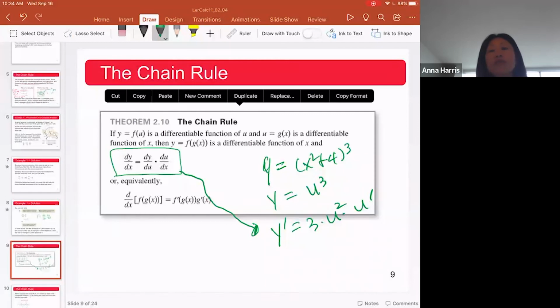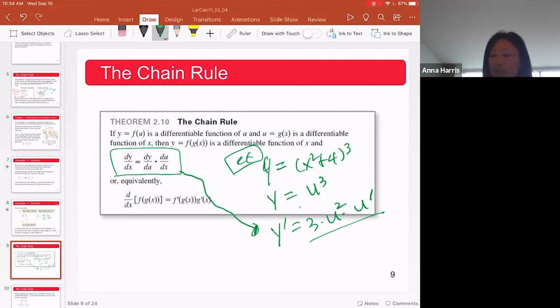When you're looking for a derivative, dy/du times du/dx, that's what this means right here. This is an example of this. So do not get confused. When they give you a composite problem, where you need to use the chain rule, you're taking a derivative twice. In other words, you're taking a derivative of this and taking a derivative of u itself, which is u prime.